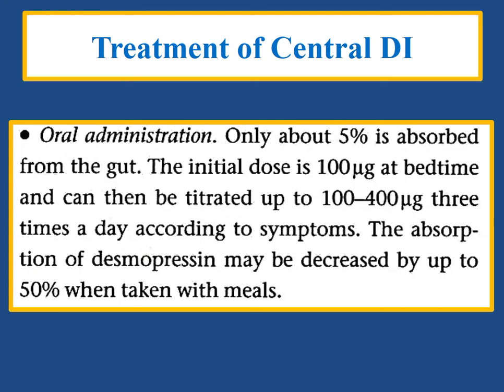I mean the drug, the antidiuretic hormone analogue. The initial dose is 100 micrograms at bedtime and can then be titrated up to 100 to 400 micrograms 3 times a day according to symptoms. The absorption of desmopressin may be decreased by up to 50% when taken with a meal.